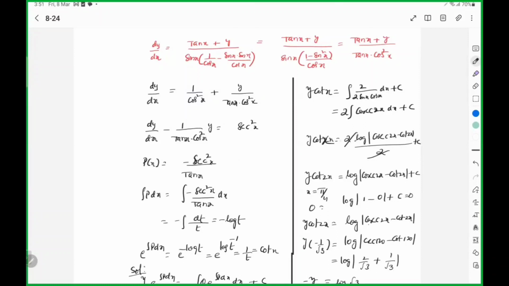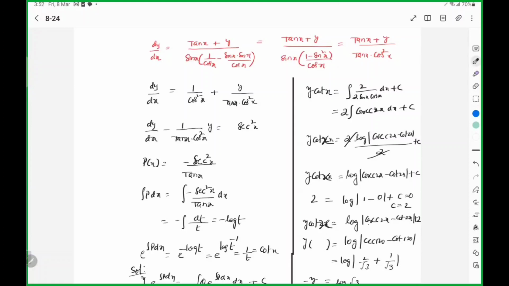So here it is cot x. So cot 45 is 1. So you get here y of pi by 4 is 2. So c becomes 2. So here it is cot x, which is 2. Y at pi by 3 will be how much?